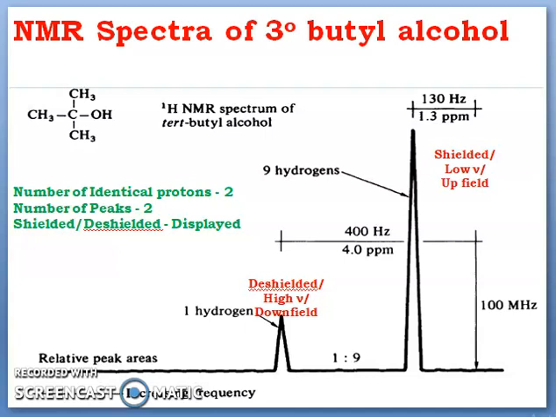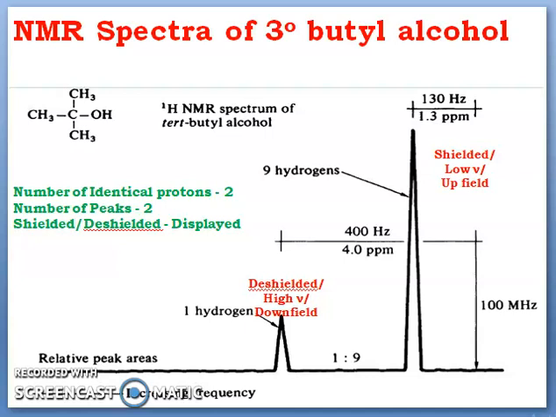Thereby the hydroxy proton is de-shielded and it experiences a high magnetic field. We know that the magnetic field is directly proportional to frequency, thereby it will have high frequency.